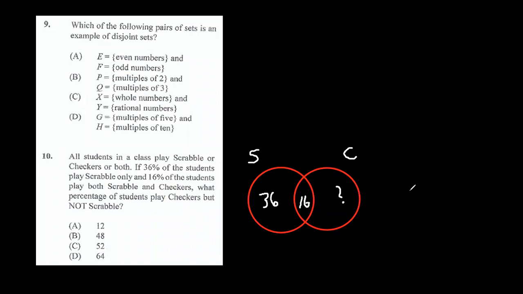What percent plays checkers only? So the operative word here is that this is out of 100. 36 plays Scrabble only, 16% plays Scrabble and checkers. The remainder is going to play checkers only. So when you add 36 and 16, you're going to get what?